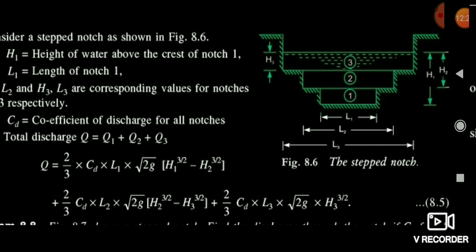For the second portion, meaning Q2, we have considered H2 to the power 3 by 2 minus H3 to the power 3 by 2. And for the third portion, it is only H3, because if it was given like H4, H5, then we would subtract. Here nothing more is given, only H3 is given. So we will simply apply the H3 portion.